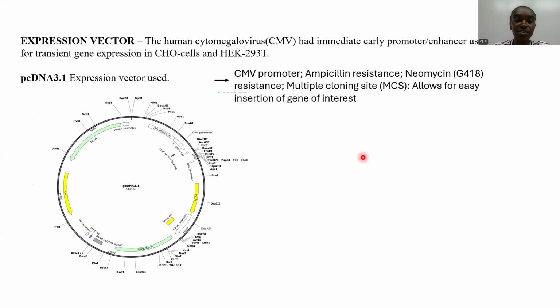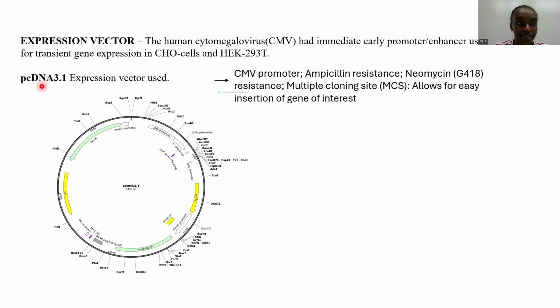In terms of choosing the expression vector that will be used for the transient gene expression, diverse expression vectors are used, but one commonly used vector is the pcDNA3.1 because it has various components that range from the CMV, which is a strong constitutive promoter and enhancer, to enhance the transient expression in both CHO cells and the 293T cell line.